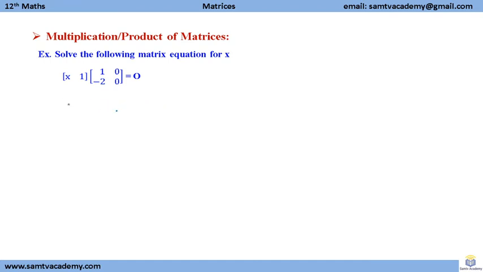We will write here separately x1. So what is the order of this matrix? This is 1 row and 2 columns. And what is the order of this matrix?